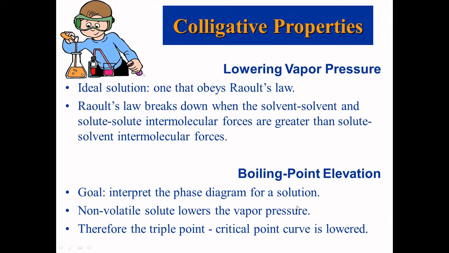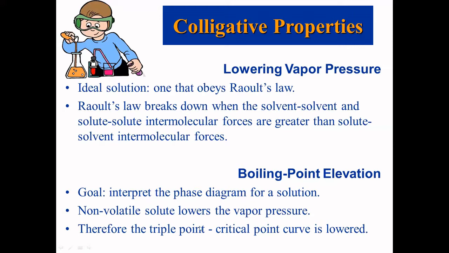Increasing the vapor pressure decreases the boiling point. So they are inversely proportional. So due to the presence of the solute, a few minutes ago, we mentioned that the vapor pressure above the solution is decreased. If it is decreased, the boiling point is going to increase.